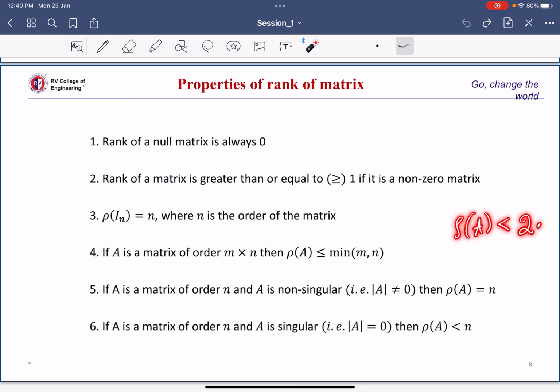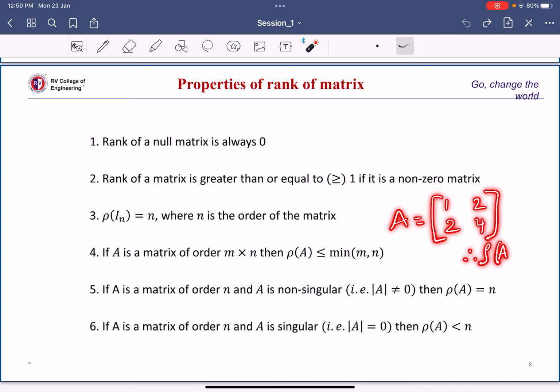So the only possibility for that particular matrix is 1, because it's a non-zero matrix. Rank can never be equal to 0, and also rank of the matrix cannot be negative. So the rank of that particular matrix 1, 2, 2, 4 is 1.